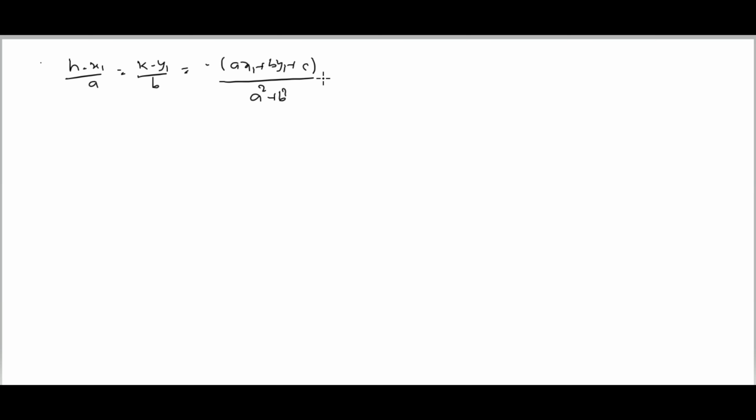Now h minus x1, that is h plus 1 by 2, by a value, the x coefficient is 1, that is k plus 3 by 4, b value is 1, that is equal to minus of ax1, that is minus 1 by 2 minus 3 by 4, that is minus 5 by 4, plus 1, by a square plus b square, that is 1 square plus 1 square, that is 2, that is equal to minus of minus 5 by 4 plus 1, that is minus 1 by 4, into minus 1 by 4 by 1 by 2, that is 1 by 8.